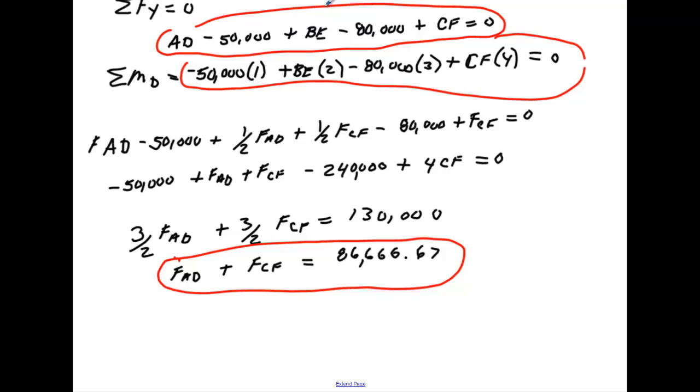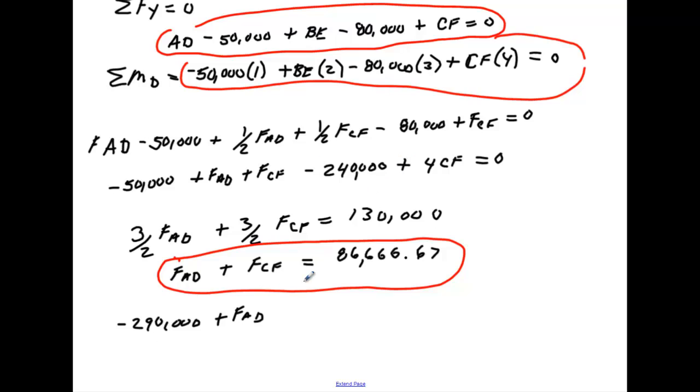Let's take the bottom equation now and rework it. Minus 50 plus that gives me minus 290,000. FAD, I got one of those. Let's see here. How many FCFs do I have? Or let's see what I got here.